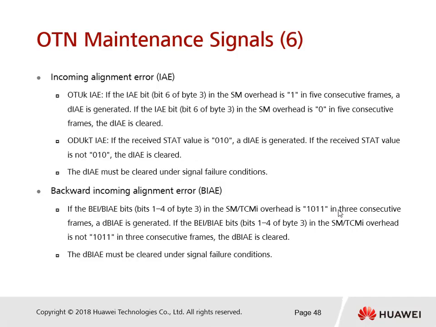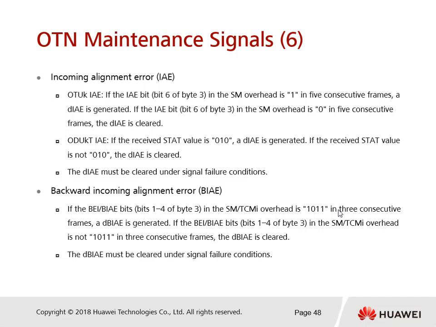The last two maintenance signals in the OTN are the IAE and BIAE. For the IAE, we have the OTUK IAE and ODUK IAE. For the OTUK IAE, if the IAE bit in the SM overhead is 1 in 5 continuous frames, a DIAE is generated.